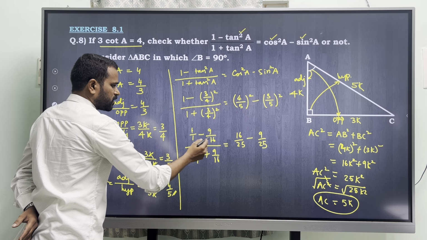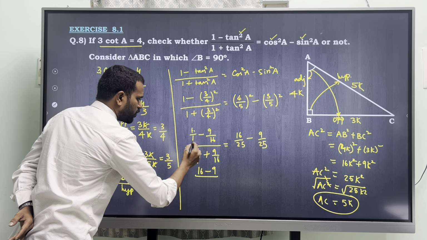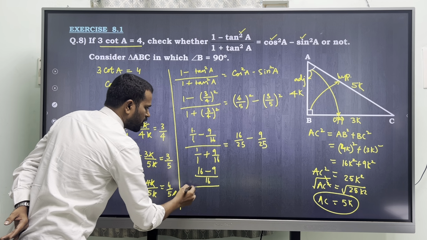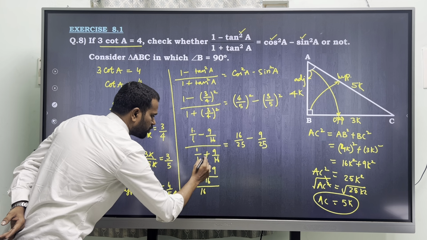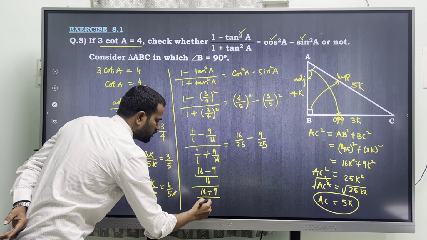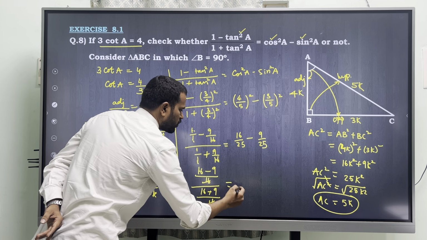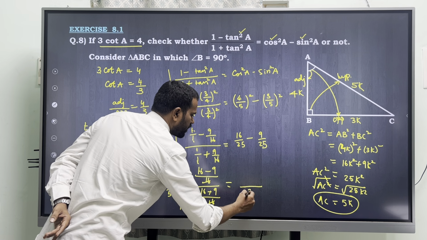Okay, 16 ones are 16 minus 1 nine is 9 upon 16, 16 ones are 16 plus 1 nine is 9 upon 16. So 16 and 16 cancel.